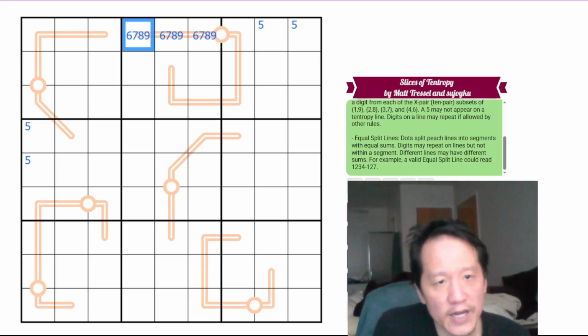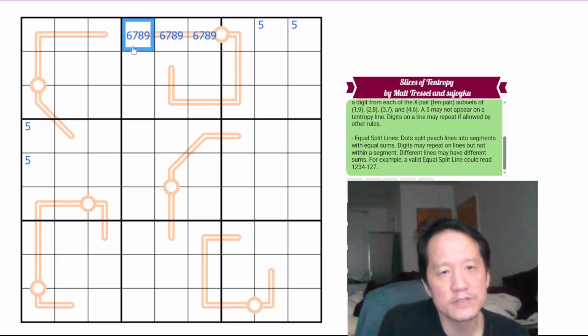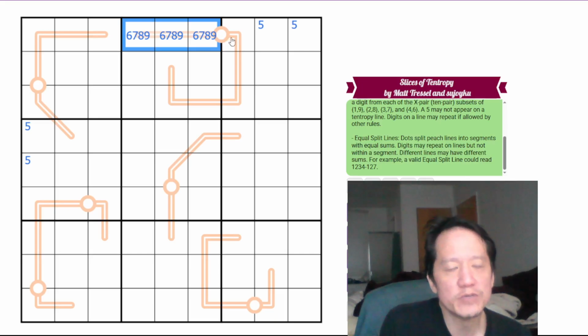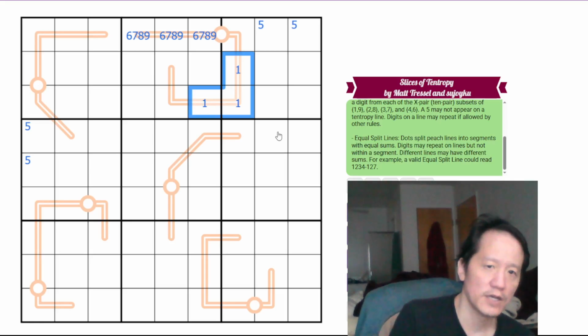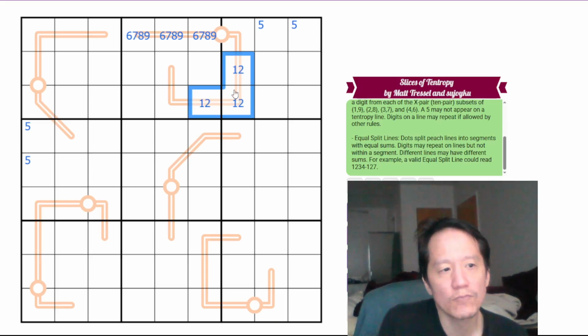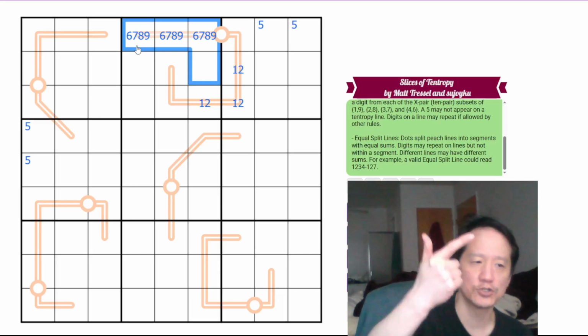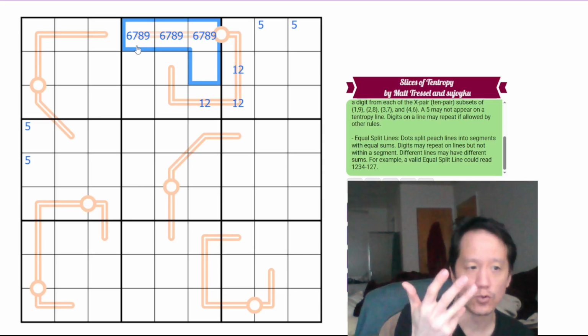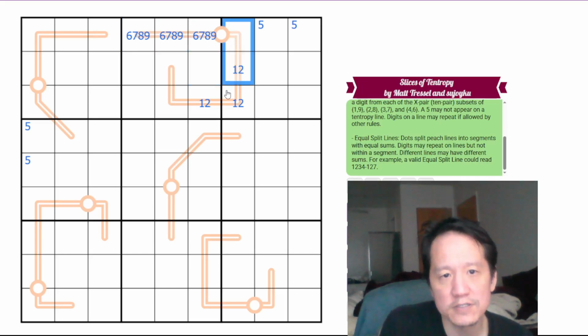So because of that, one of these is 9, one of these is 8, which means along this set of digits, one of these must be 1, and then the other one must be 2. Because we know there's a 1 and a 2, there's a 1, 2, 3, 4 in this set here.